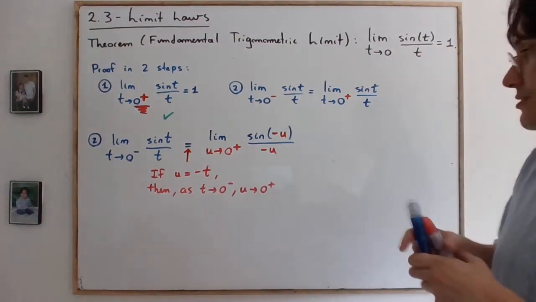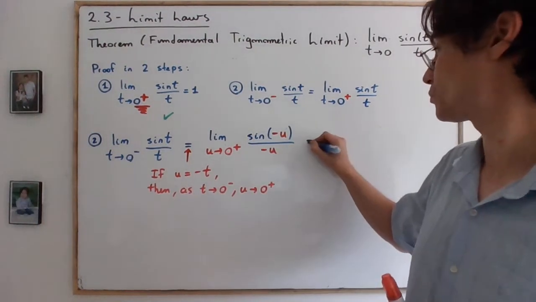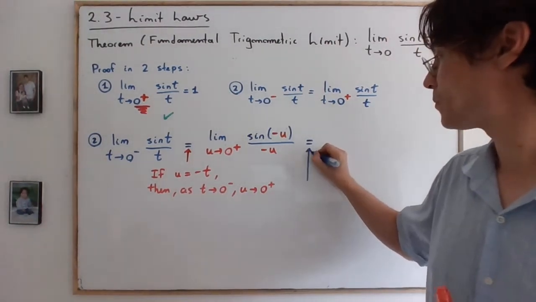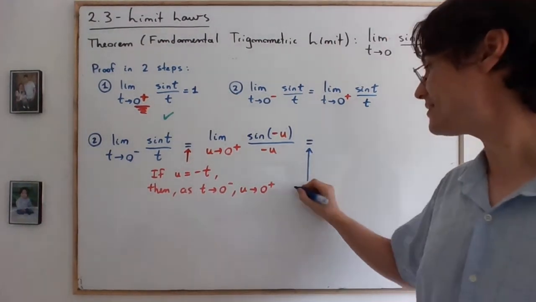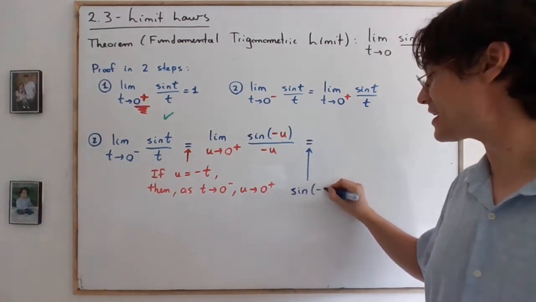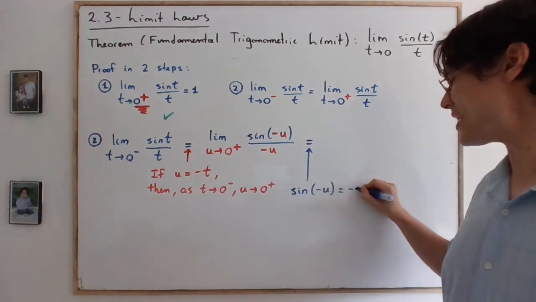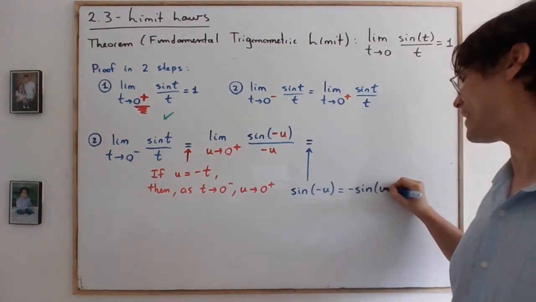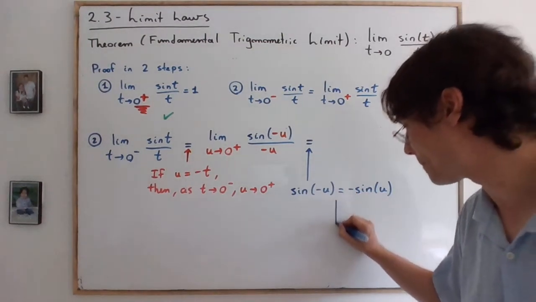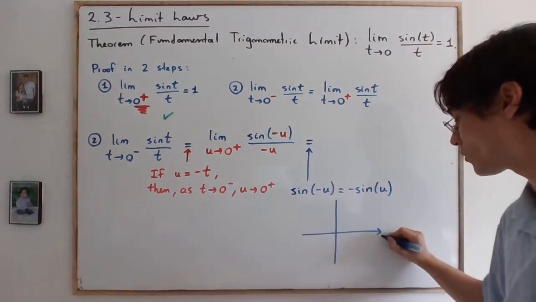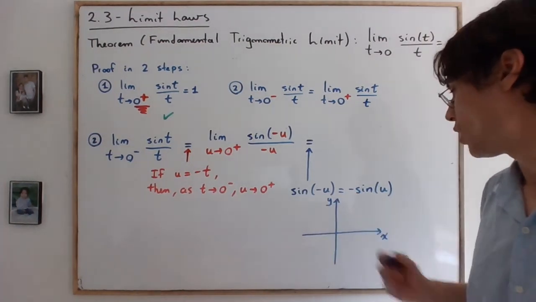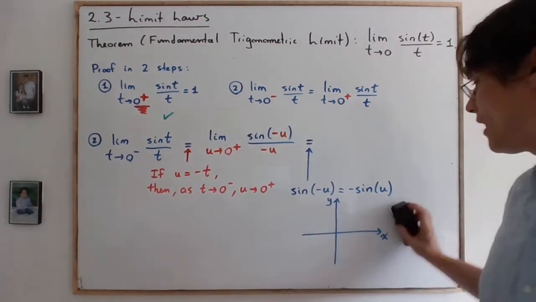Okay, now here's the tricky part. So for here, we're using the identity, which is very, very sensible. Sine of negative an angle is negative the sine of the angle. So in other words, and this comes from the fact really that, so we have x and y, or actually, I will not even tell where it comes from.